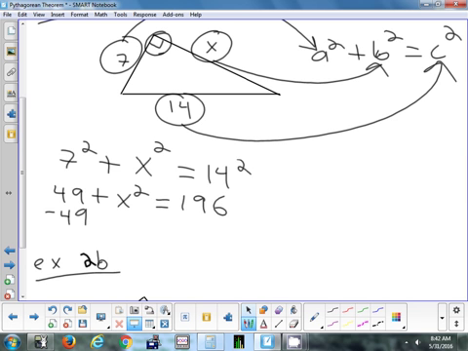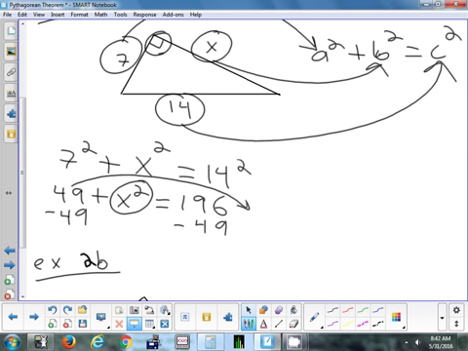Exactly. So the first thing we got to do is, the goal is to get this by itself. So you have to take this 49 and move it to the other side, just like we've done with equations all year. This is a positive 49. What's the opposite of positive 49? Negative 49 or minus 49.